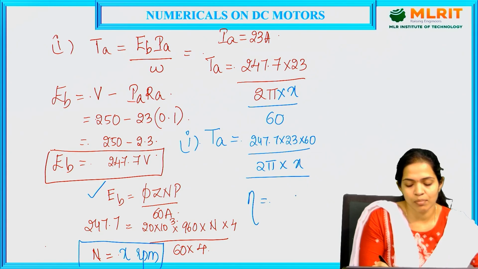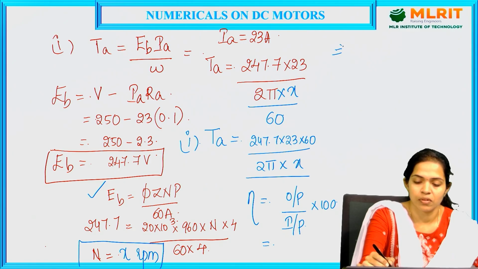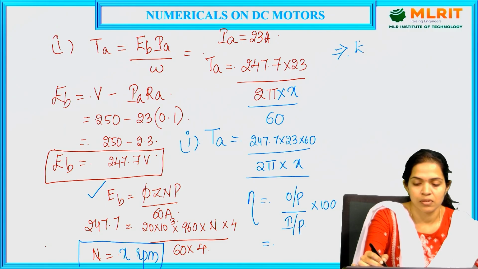Efficiency is nothing but output power by input power into 100. So output power, we have input power as, the output power as EB into IA, that is mechanical power, divided by input power VI.